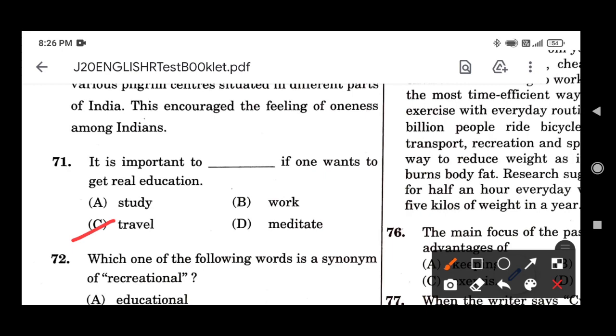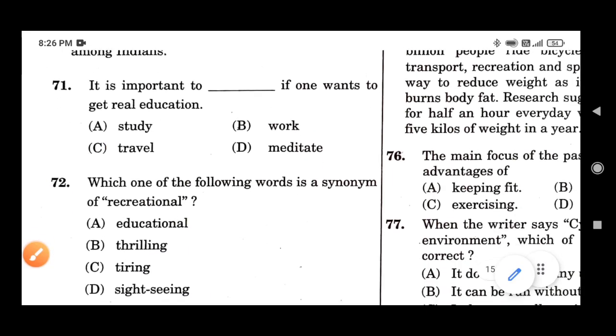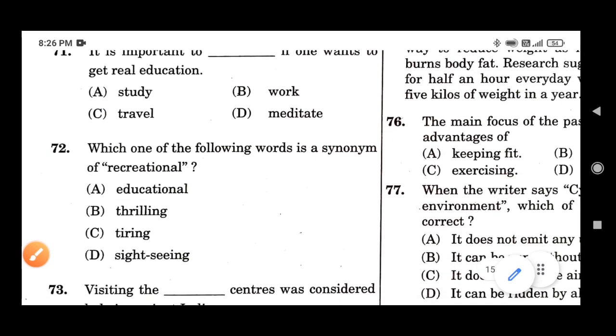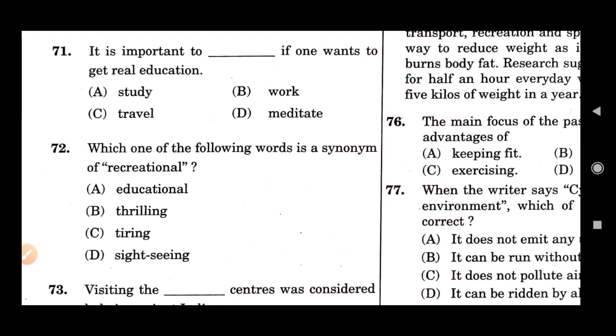And next question. Which one of the following words is a synonym of recreational? Recreational means refreshment. In such a way, we need to concentrate on the word. We'll see the options first. A. Educational. B. Thrilling. C. Tiring. D. Sightseeing.